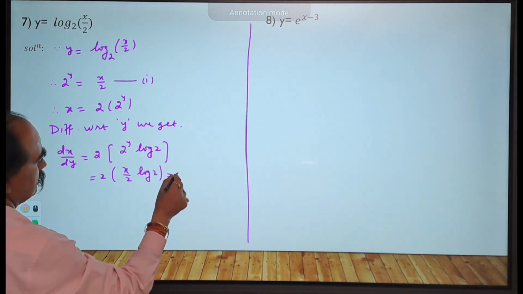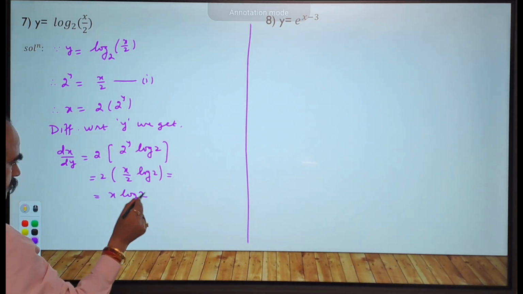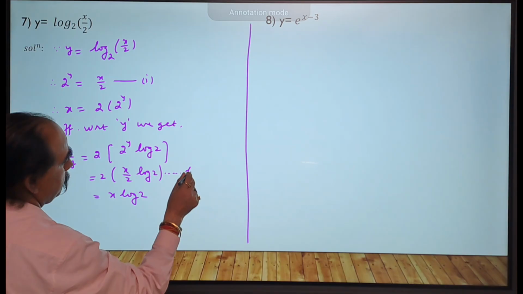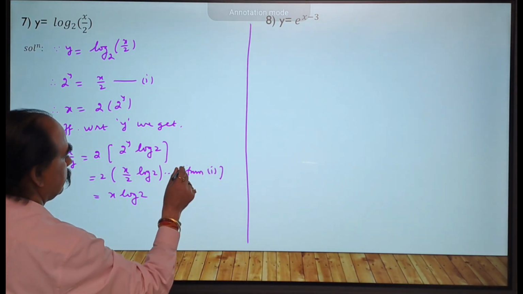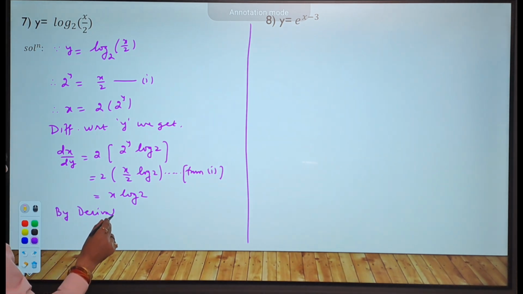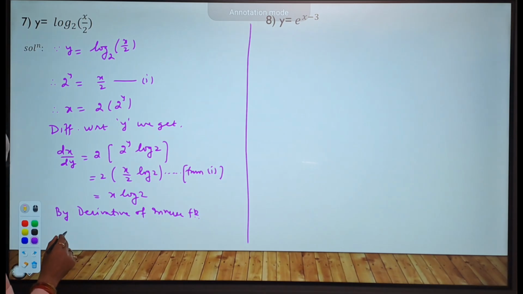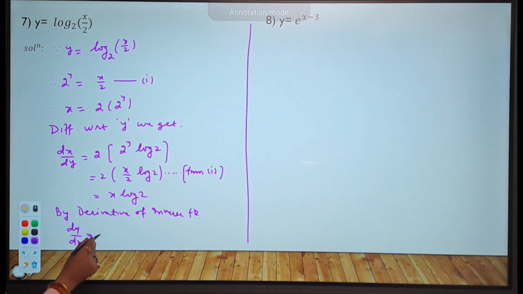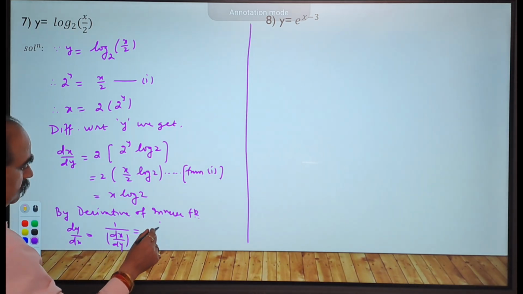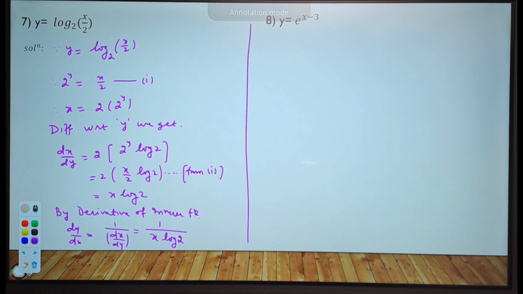To cancel, x log 2. From 1, by derivative of inverse function, dy by dx is what? 1 upon dx by dy, 1 upon x log 2.